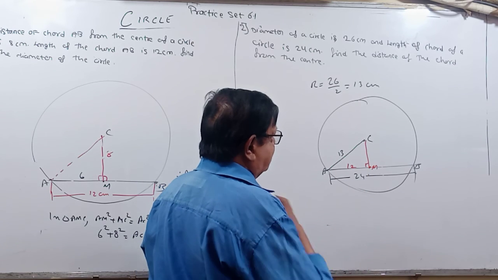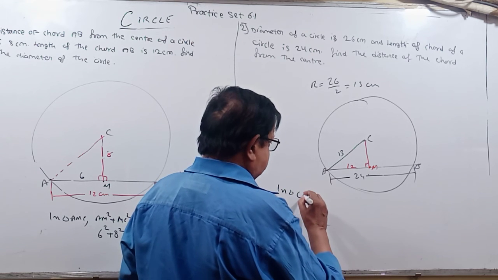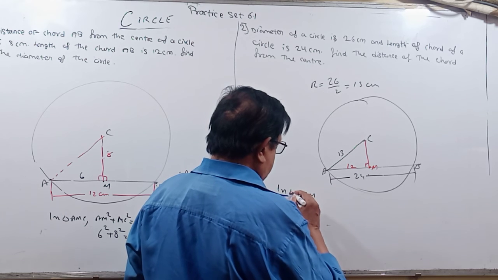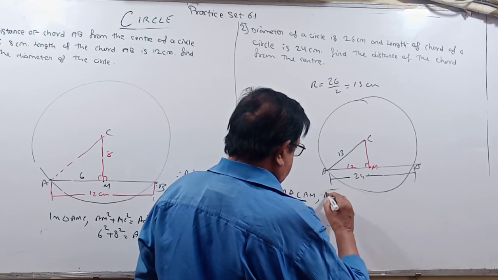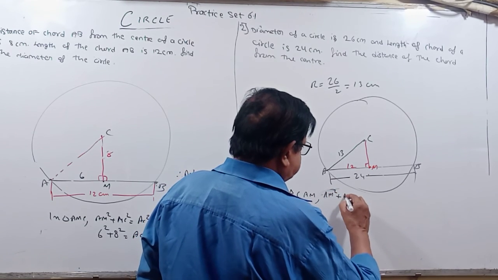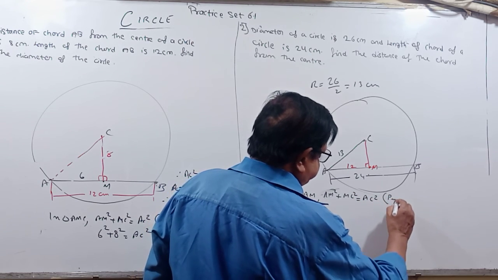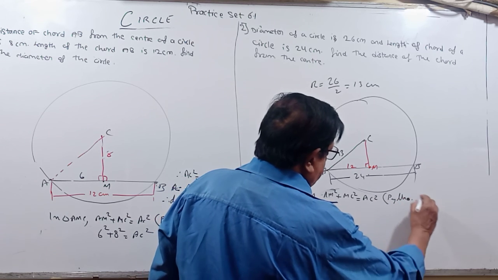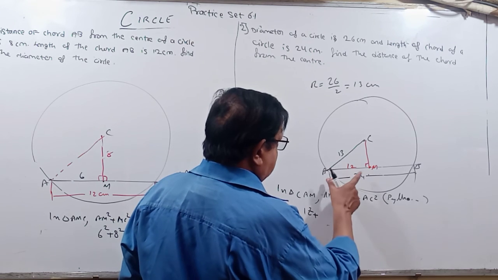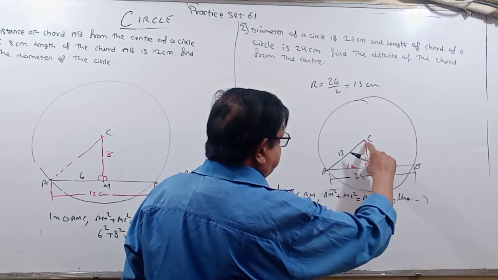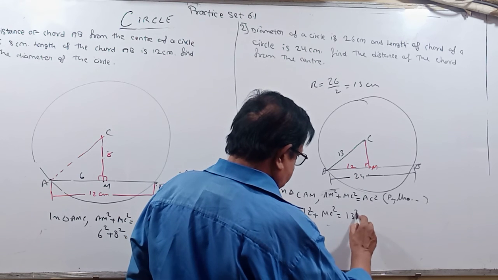So very simple, we can find CM by Pythagoras theorem. In triangle CAM, AM square plus MC square equals AC square. AM square is 12 square, plus MC square which we have to find, equals 13 square.